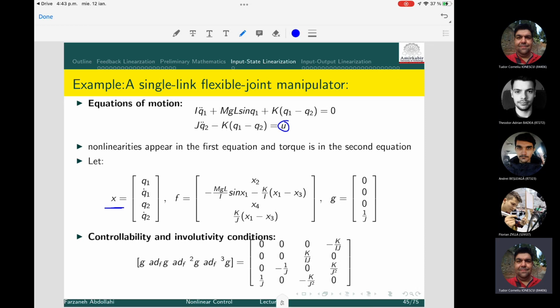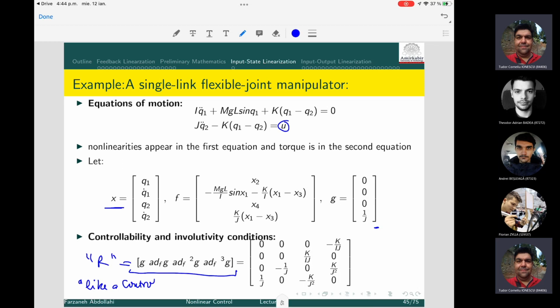Look at g. g is of this form. Controllability and involutivity conditions: you just compute here the controllability matrix, which is this one. And as we can see here, this looks like a controller canonical form because this is a skew triangular matrix.